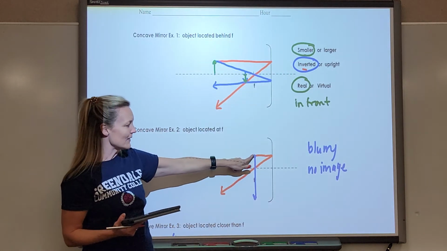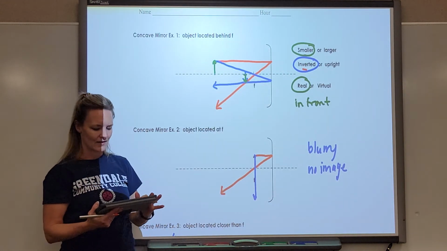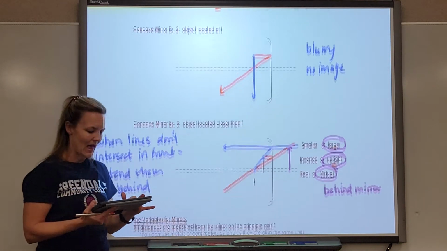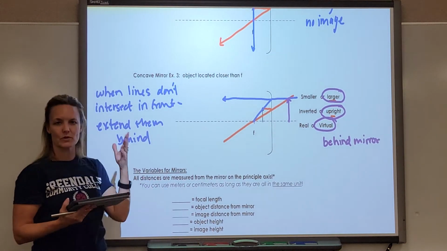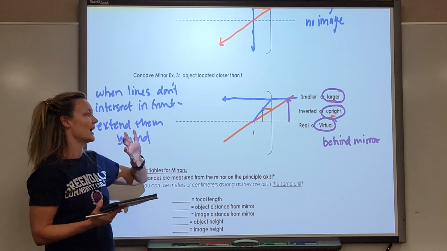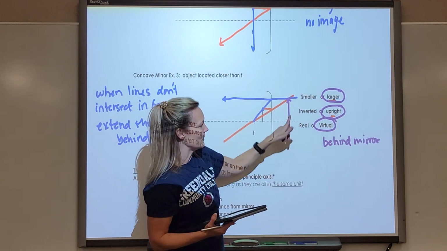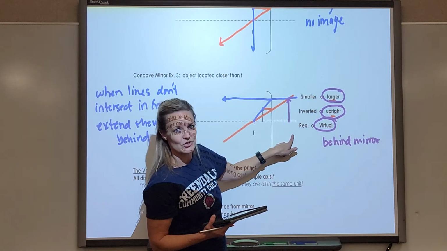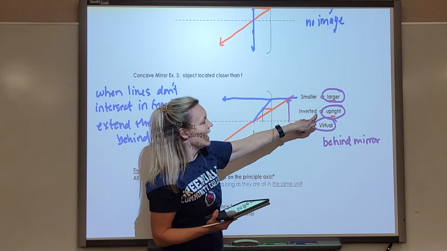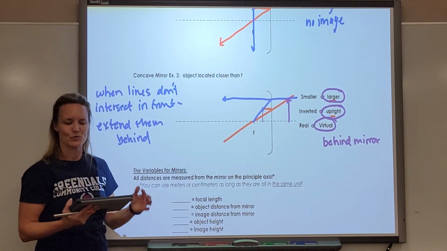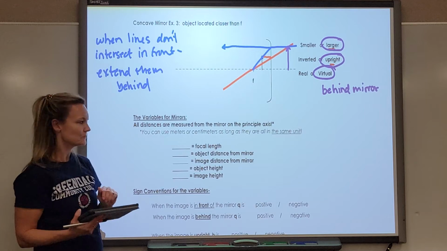If you are at the focal point, you can't get an image because one of the light rays just never meets the mirror. And when we have an object that's really, really close, our lines would never meet. We have to extend them behind the mirror. We end up with a larger, magnified, bigger object in our mirror that is upright. And this is what's called virtual because it's behind the mirror.